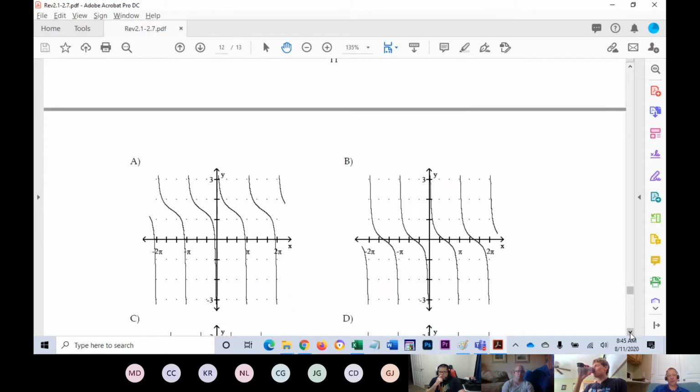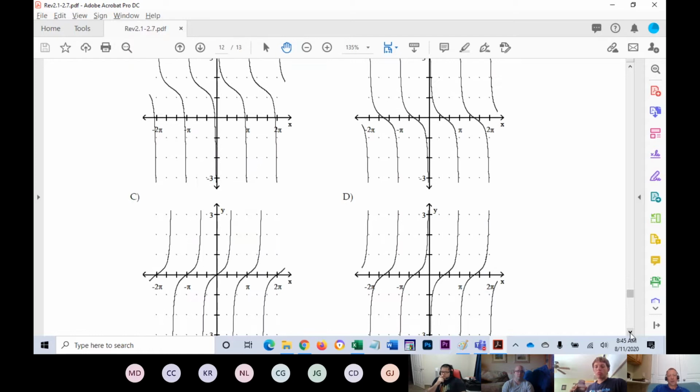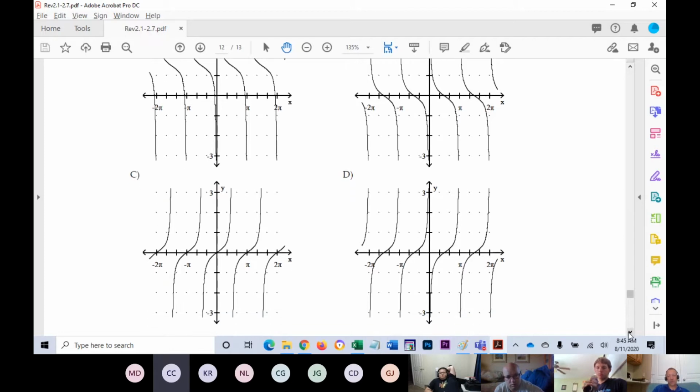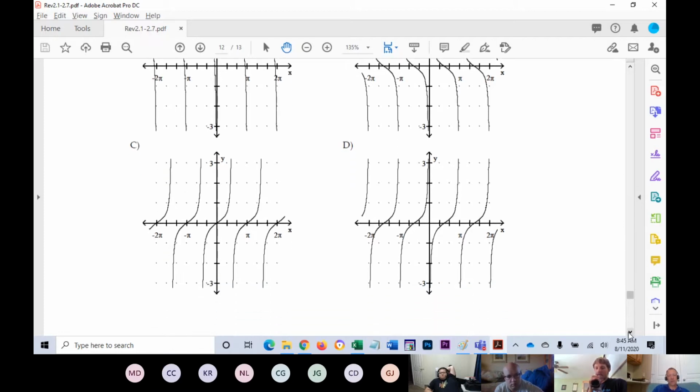Let's look at the answers here. We know for a fact, since it goes from low to high, A and B are both wrong, right? We know that right off the bat. Yep. So the question is, if we're drawing one period, does it go through the center or does it go from negative pi to 0?